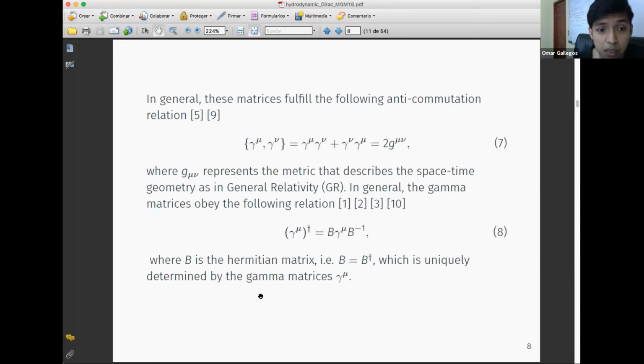The gamma matrices follow the anticommutation relation in this form, where g^{mu nu} is the metric that describes the geometry such as in general relativity. Another important relation is the Hermitian relation given by this equation. We note that if we take the B matrix equal to the zero gamma matrix in flat spacetime, we return to the standard quantum field theory definition.